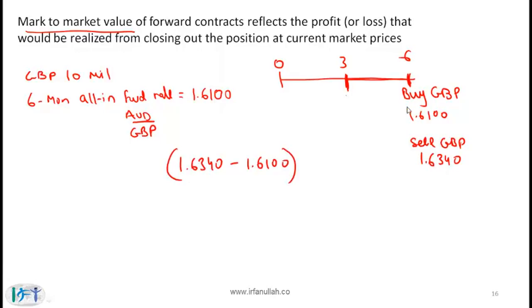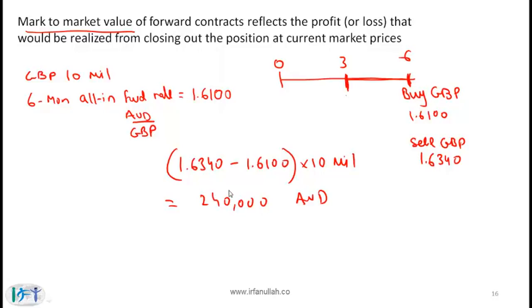And since the contract is for 10 million, we multiply this by 10 million, and that gives us 240,000 Australian dollars. So when we close out our position, we know that our profit after 3 months is going to be 240,000 Australian dollars.